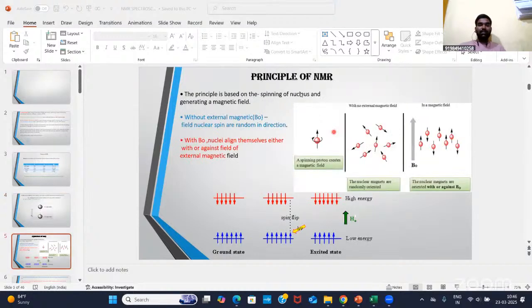Now let us see the principle of NMR. The principle is based on the spinning of the nucleus and generating a magnetic field.